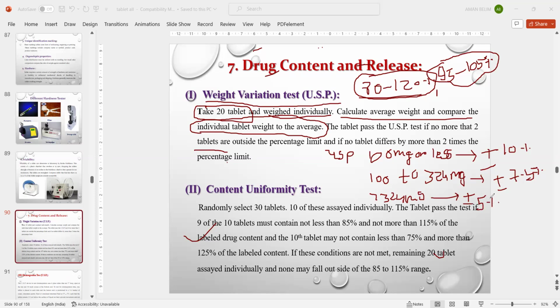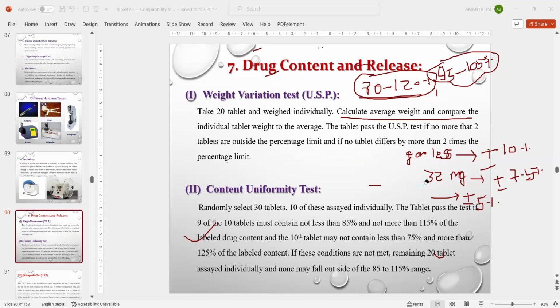So just the weights of a tablet are somewhat different, but otherwise the percentage variation is the same. This is very important. You have to remember this point, because it is different according to IP and USP, and generally they ask the difference between IP and USP.